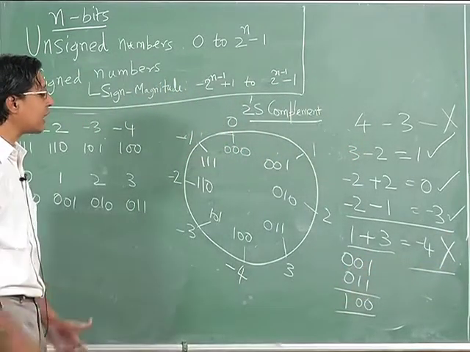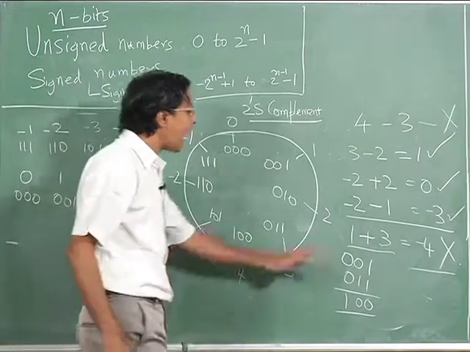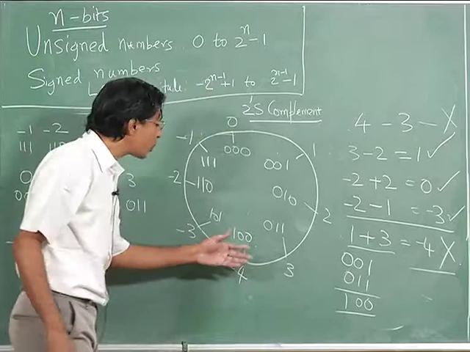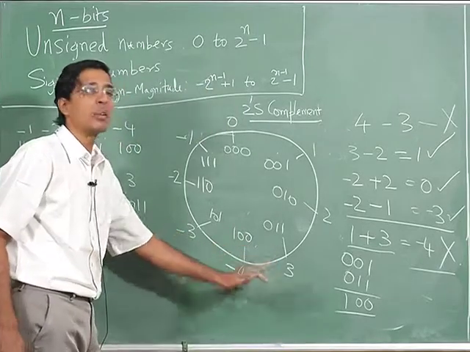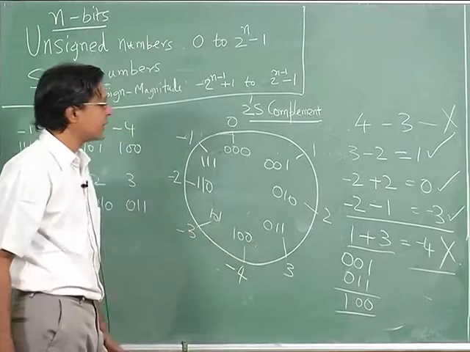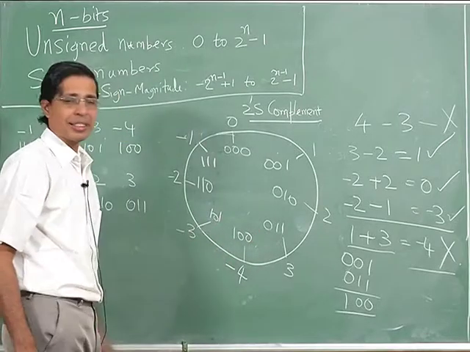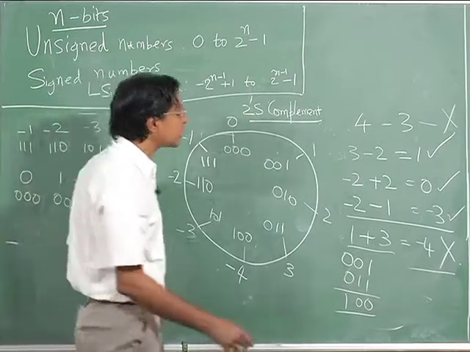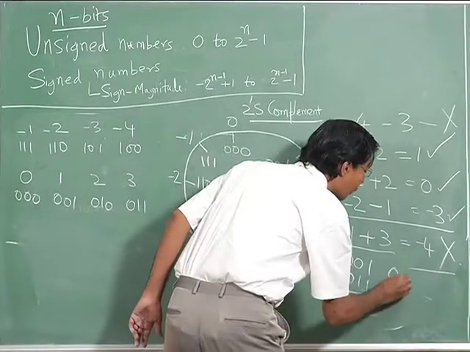Why am I getting such a wrong result? Because the answer got by this addition is out of the range of what I could represent. It is more than 3. I am getting minus 4 here, right? And so this is basically called overflow.